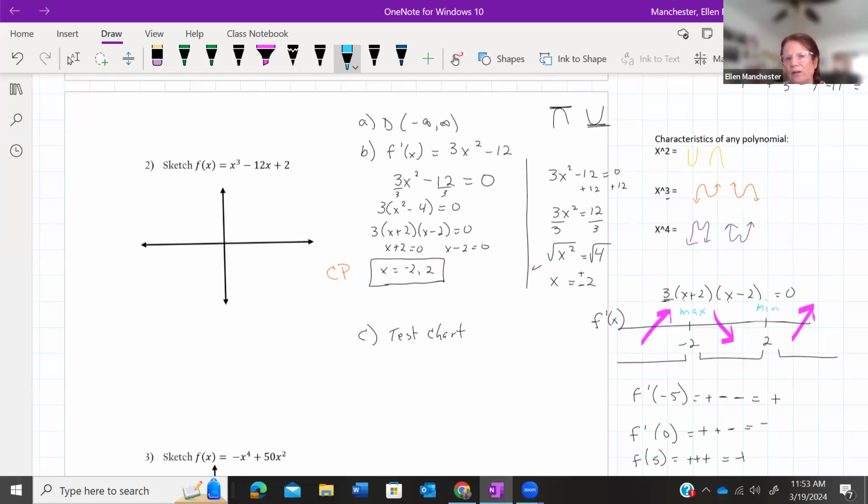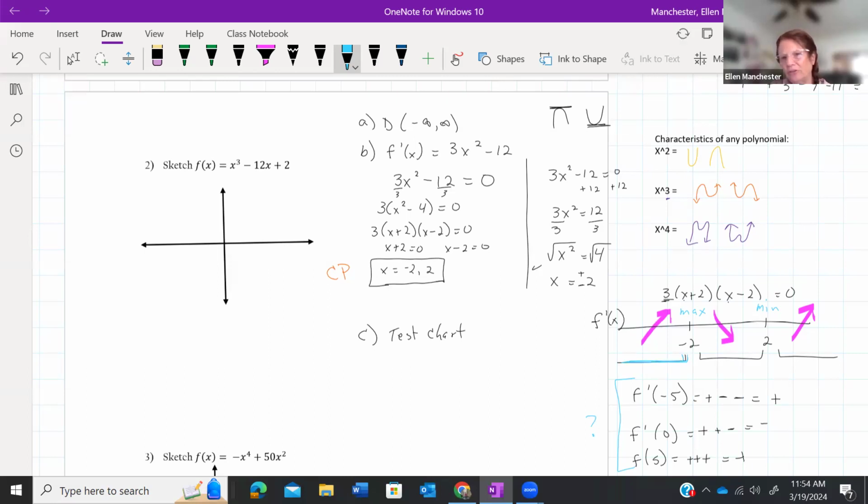On this test chart, is there any question on this part right here? Does everyone feel pretty good about that? I have a question. Go ahead. The -5, 0, and 5, are those always just random? Yeah, so you're going to pick random values within your interval. For this interval, I'm looking for any value less than -2.